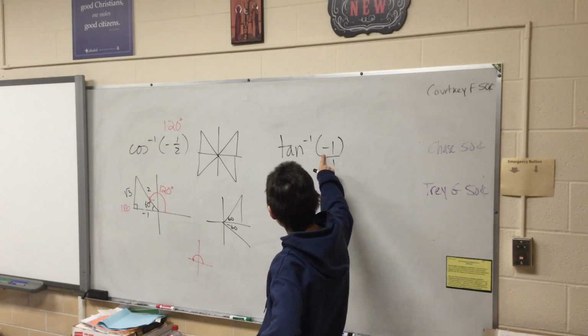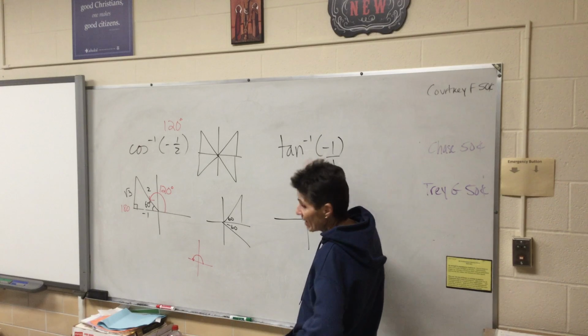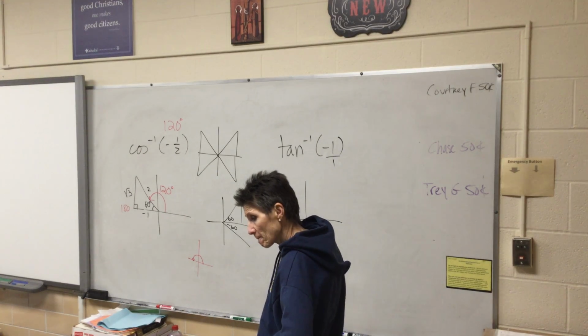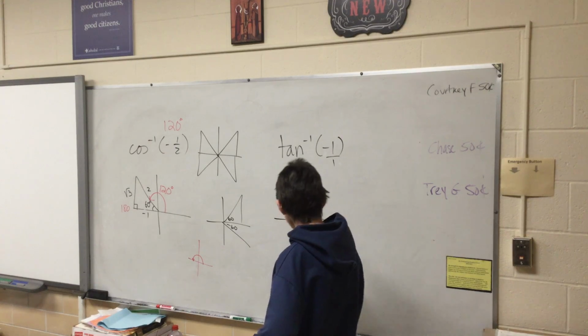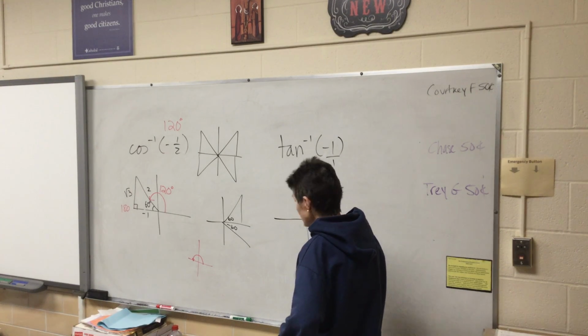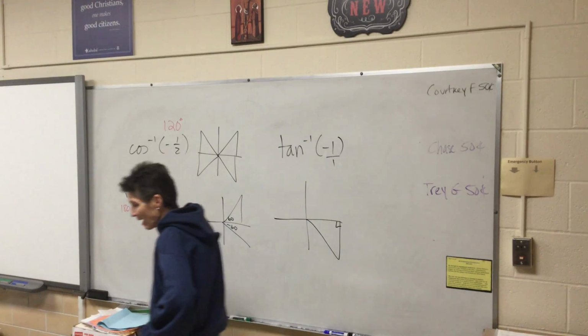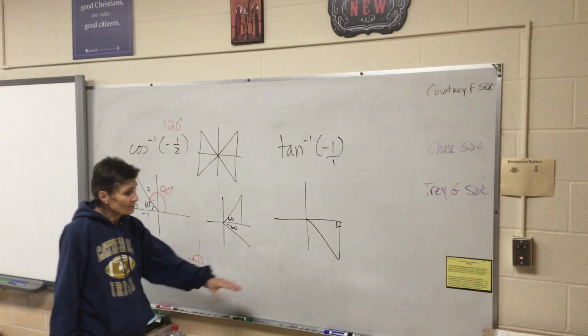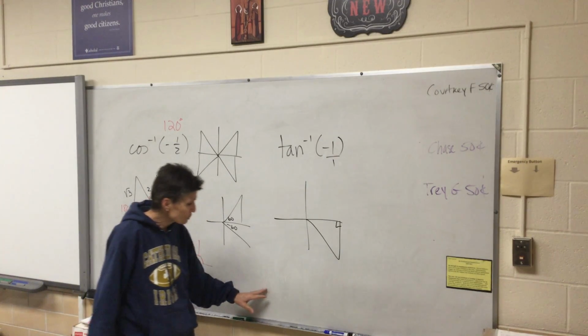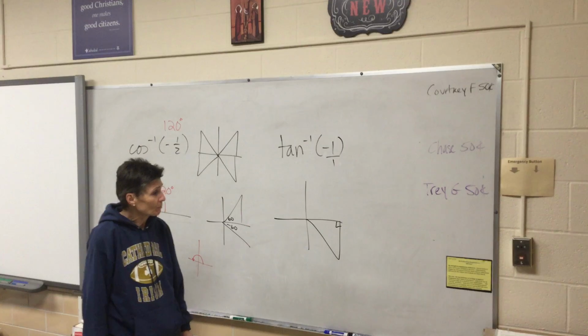So where will I draw it? Where do I draw tangents that have a negative number? Quadrant 4. Exactly, quadrant 4. That's what the rules say. You don't get to decide. You just have to follow the rules. So a tangent with a negative number is in quadrant 4.